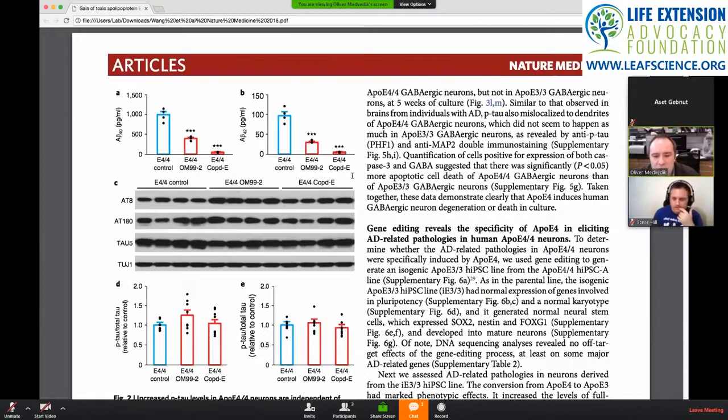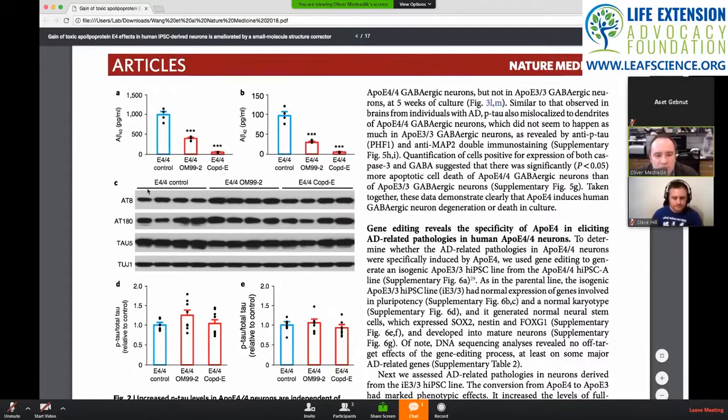A cleavage happens, the protein cleaves the APP, and then it accumulates on the outside. So they're showing here that there's a disconnect between tau and APP. It might be two separate pathways that are somehow being switched on by E4. If you add these drugs, which I mentioned are secretase inhibitors, the amyloid beta 40 and amyloid beta 42, the two versions that get secreted, go down.